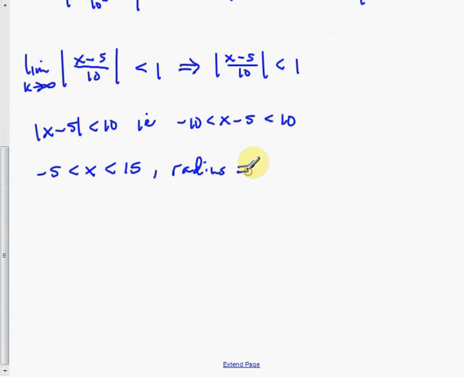So the radius is equal to 10. Excuse me, I added a 5. That's right, that's negative 5.